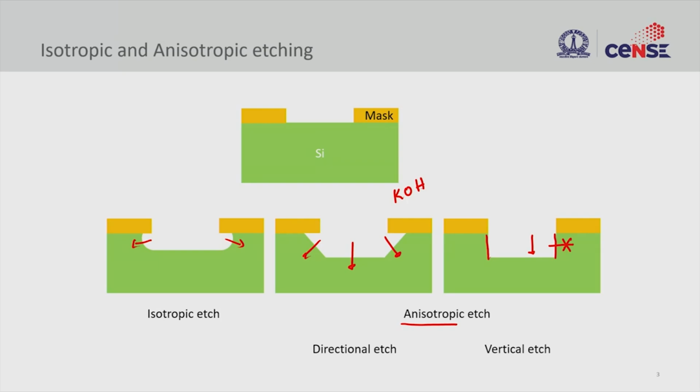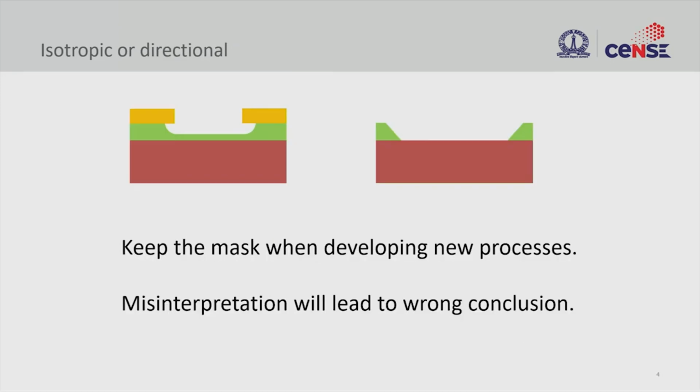So, when you talk about anisotropic, we have to be very clear about the process. Is it directional or is it a vertical edge? Directional need not be vertical only.